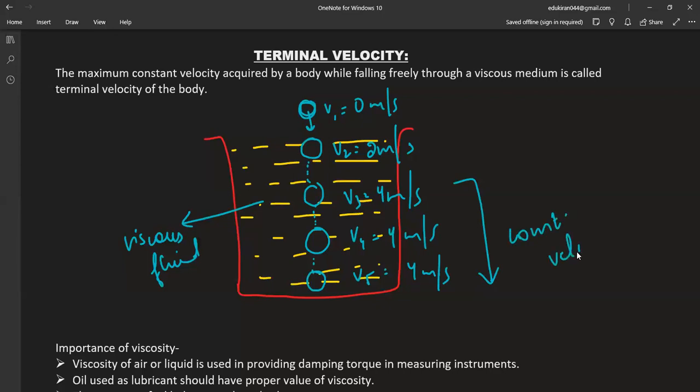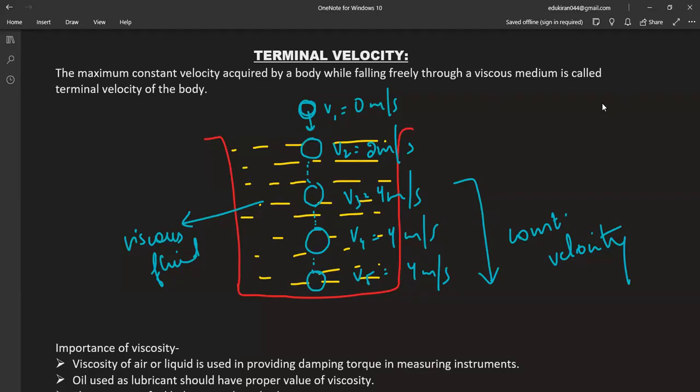This velocity is constant. So this velocity that is achieved is known as terminal velocity. Basically, what happens here is that the buoyant force and your weight balance.